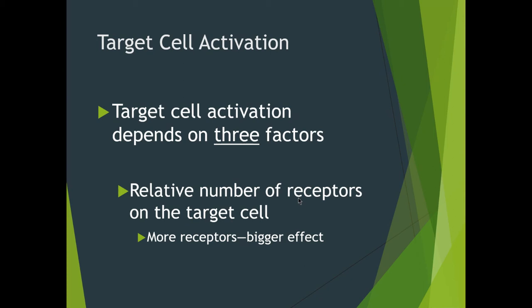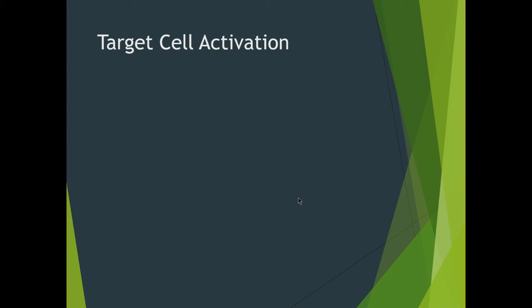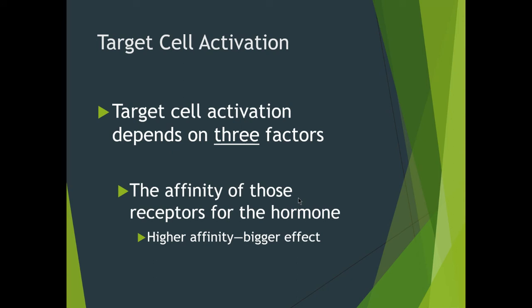I think it makes sense that if there are only 2 receptors on a target cell compared to another target cell that has 100 or 1,000 receptors, we're going to get a bigger effect. The more receptors there are, the bigger the effect. But there's one other thing that's also important, and that is how well the hormone and the receptors fit together.